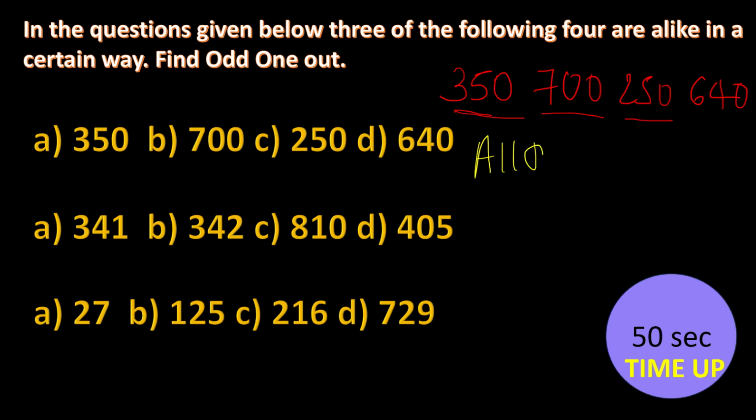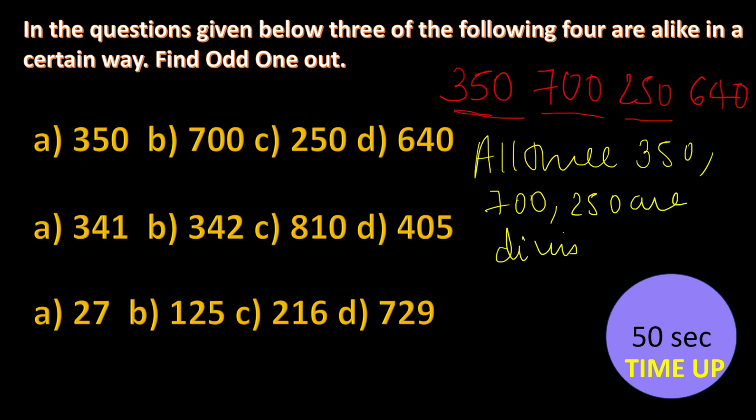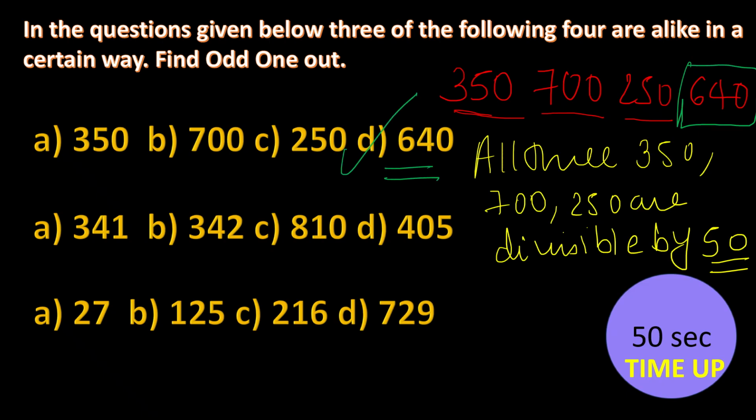All three are divisible by 50. Correct? 640 is not divisible by 50. So that becomes odd one out. 640.